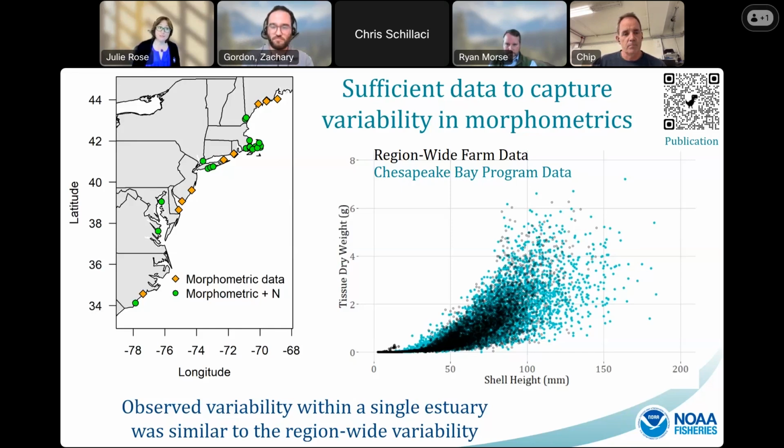Because the variation in nitrogen concentration was so low, and we have such a great data set representing the morphometrics metric, the calculations that underpin the calculator are really quite simple. And Ryan is going to go now into a demonstration of the calculator and how it can be used.